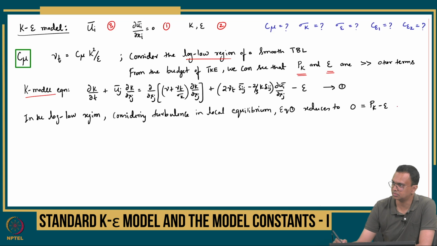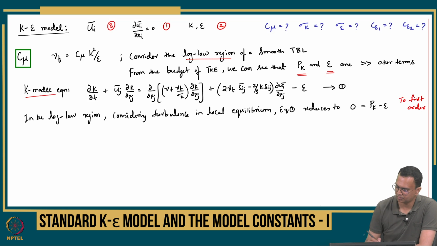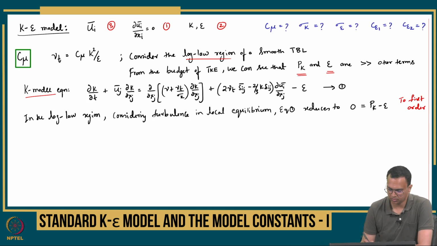Other terms are smaller. Okay, so that means the entire left hand side is 0, the diffusion terms are also smaller. So in such a zone we will have this kind of a consideration.